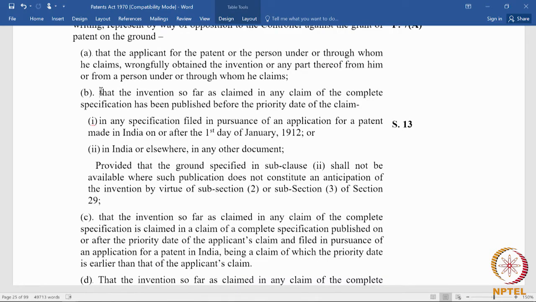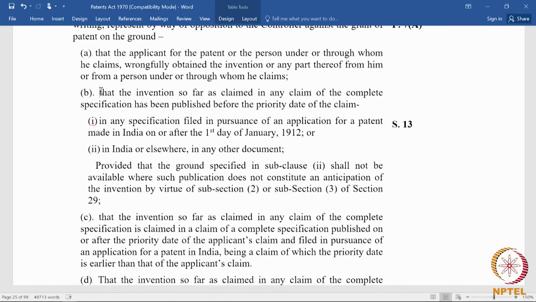So, the significance of this date, 1st January 1912, is that if you read section 162 along with Rule 37, section 13 and section 25(1)(b), you will get the impression that the 1911 Act came into force on the 1st January of 1912, and all the applications filed under that Act since the 1st of January 1912 could be used as documents to prove anticipation.